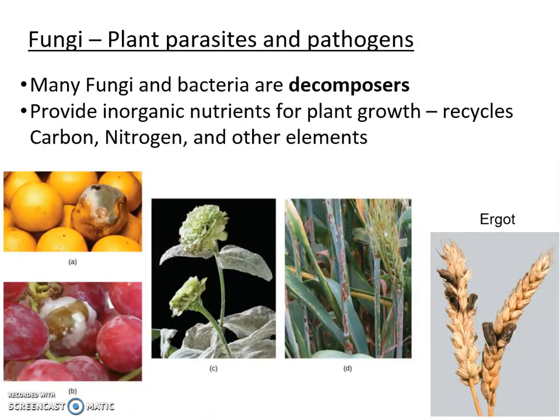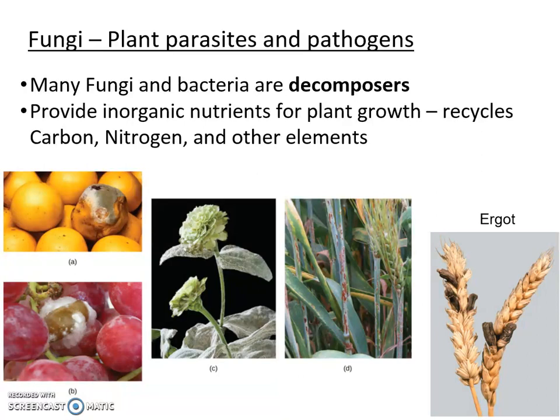When you look at the fungi group, like I said, many of them are saprobes that are decomposers. And a lot of them are parasites or pathogens on plants. These cause a huge amount of damage to crops. We're talking about billions of dollars lost every year.